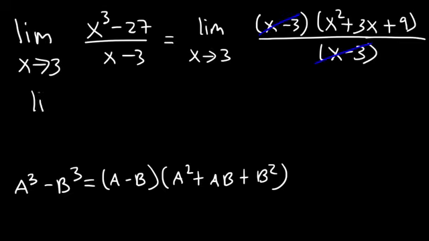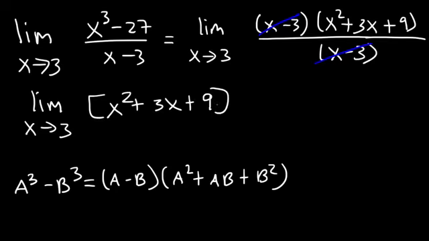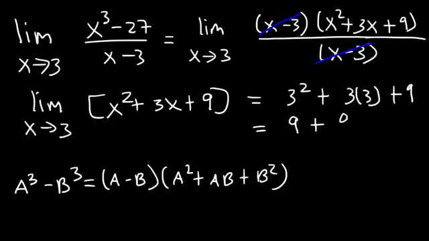What we have left over is the limit as x approaches 3 of x squared plus 3x plus 9. At this point, we can use direct substitution. So it's 3 squared plus 3 times 3 plus 9, which is 9 plus 9 plus 9. Adding 9 three times is basically multiplying 9 by 3. And so this limit is equal to 27.